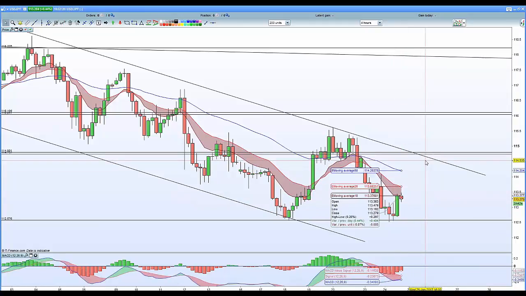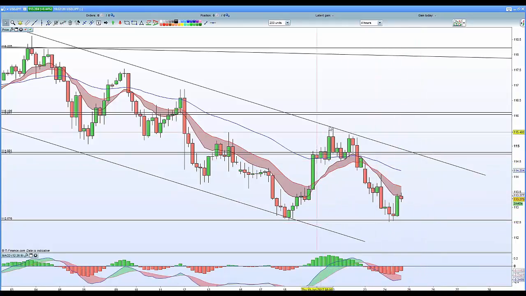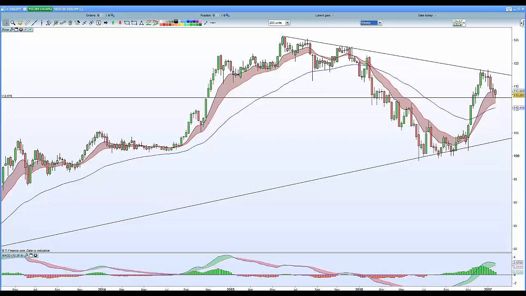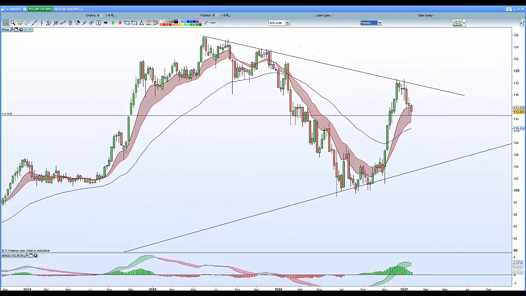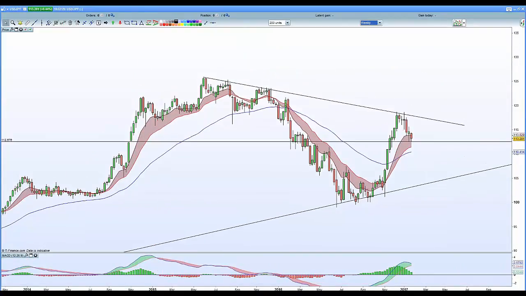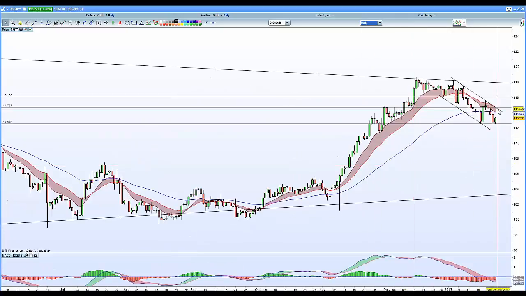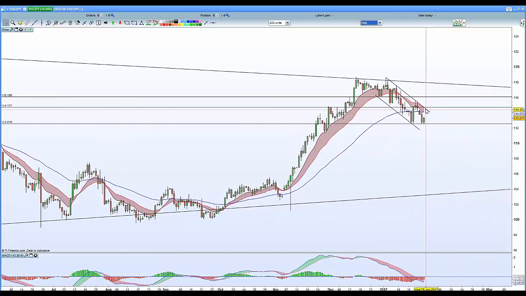I'm just showing you how I use different time frames to plan my trade, and how I use the lower time frame to confirm it, even though I know 112.50 was a key level. So dollar yen, possible move back to 114 in the next couple of days.